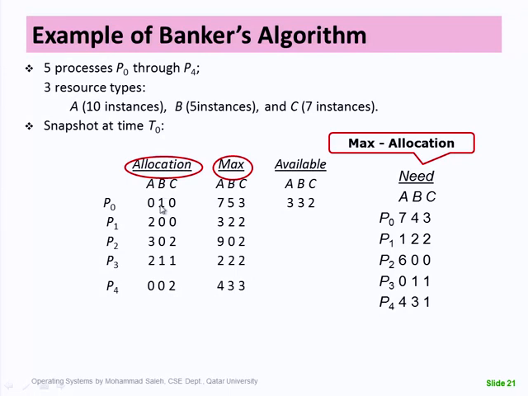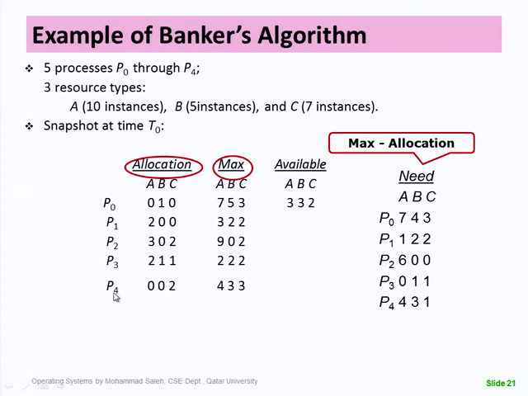Now, we looked at the system at one point in time. We found that, of course, this Max doesn't change. Max doesn't change, okay? We found that currently P0 is using 1 resource of A. So this is how I read Allocation. Okay? Currently, P3 is using 2 resources of A, 1 resource of B, 1 resource of C. Currently, P4 is using 2 resources of C, but none of A and B. Okay?